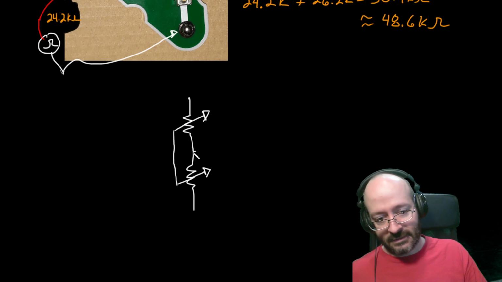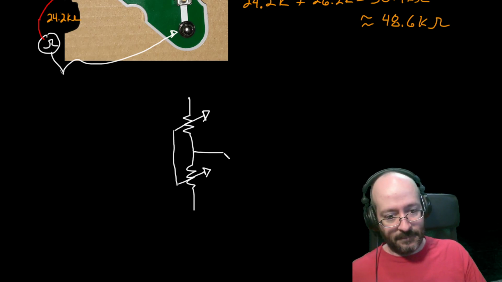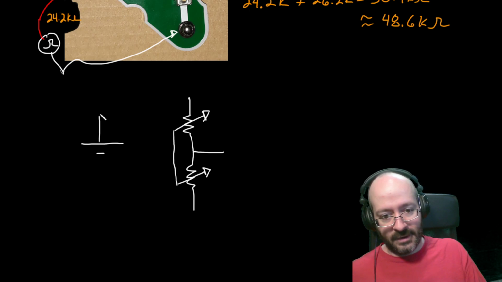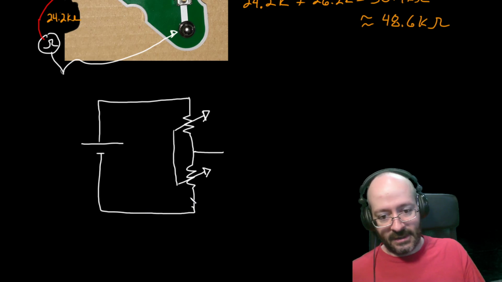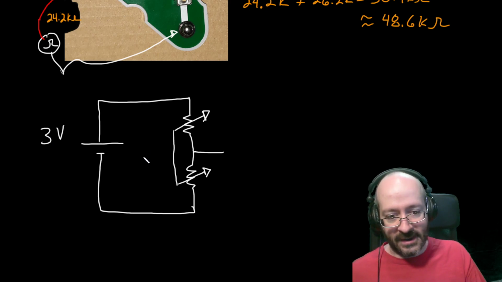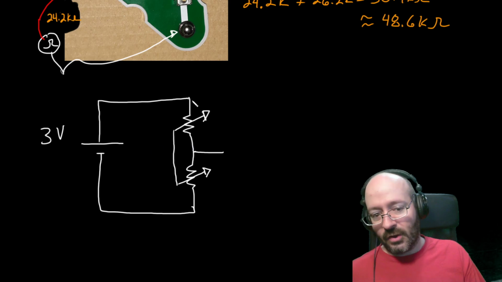And I think this is our last circuit for the day. But we're going to take our battery. We're going to put it here. Okay. And we're going to connect it like that. So this is going to be about 3 volts. Some of you have a little higher. And then as the wiper's all the way up to one side, this voltage will be connected to the 3 volt directly.